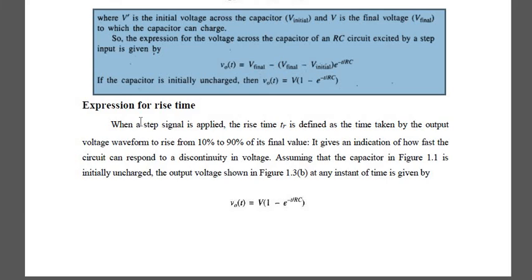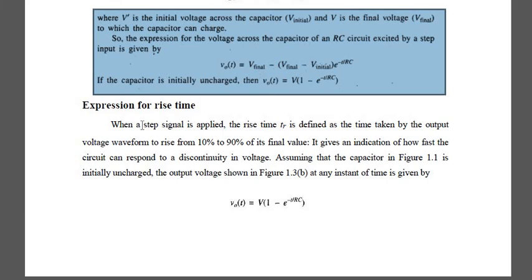The time required for the output voltage to reach one tenth of its final value is readily found to be 0.1 RC, and the time taken to reach nine tenths of the final value is 2.2 RC. The difference between these two values is called the rise time of that particular circuit.